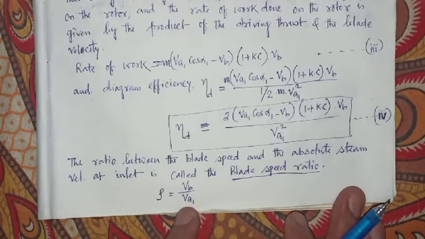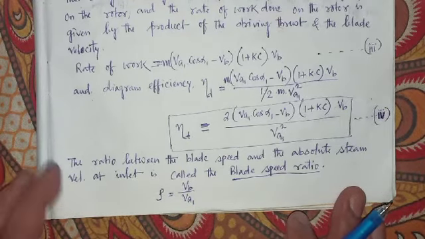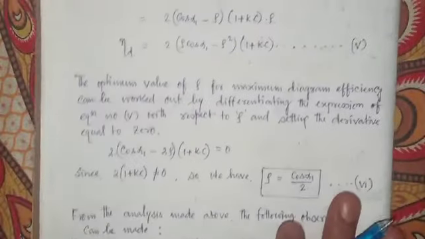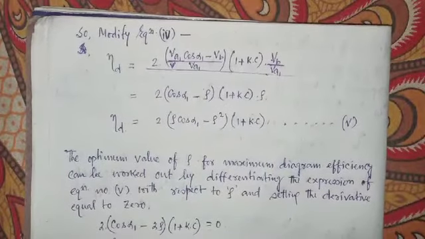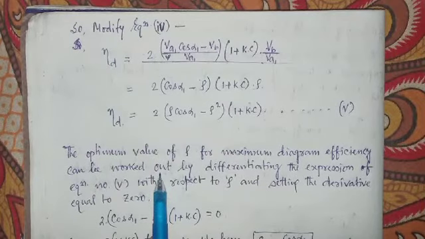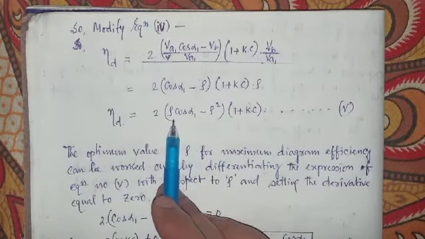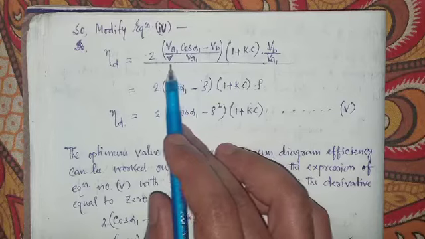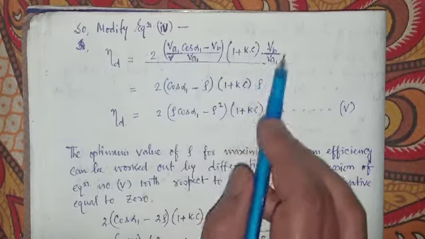In the expression for the diagram efficiency, if we put this value in this equation, we will have this one, modified equation number 4, just putting the value of VB by VA1. We have simplified the equation this way.